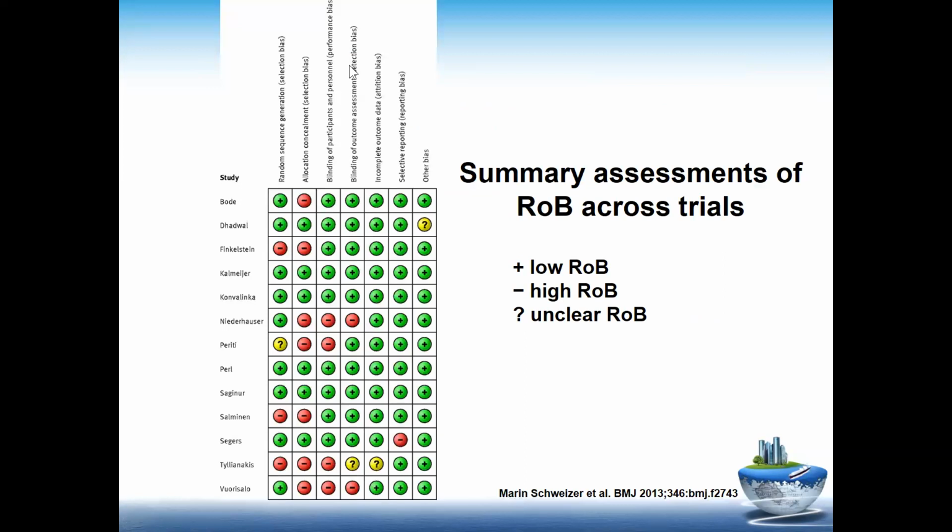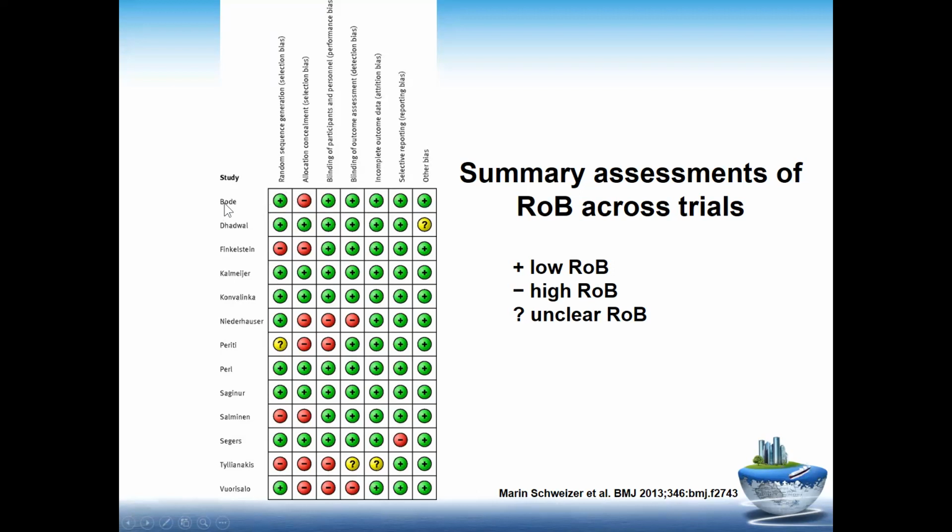Okay, and then this is the way you present the results of risk of bias assessment. In this example, published in BMJ, there are more than 10 RCTs included, maybe 12 or 13 trials. Each row represents an individual RCT.